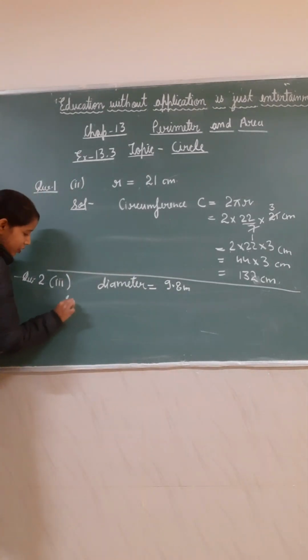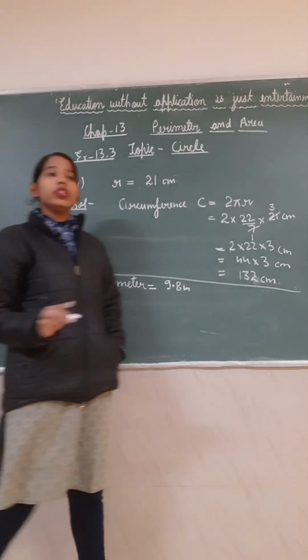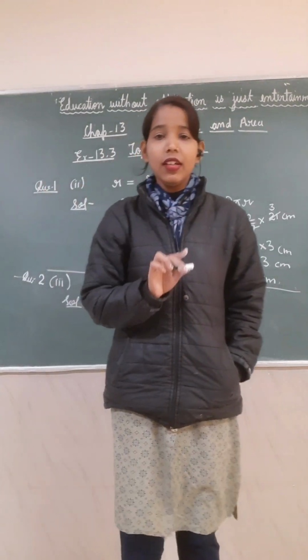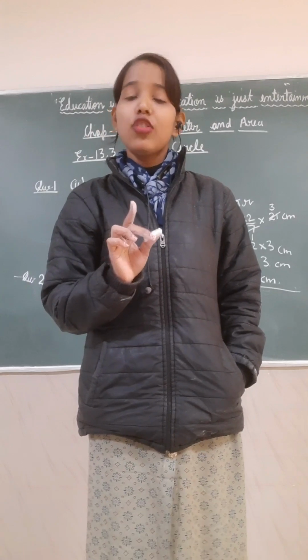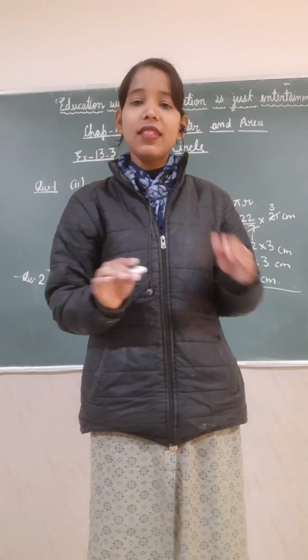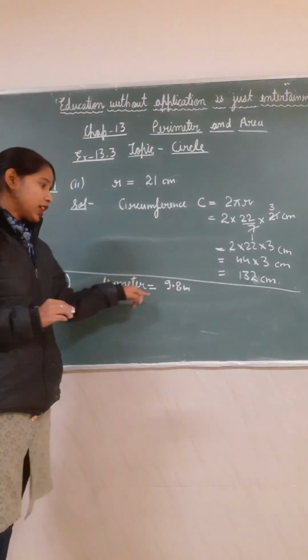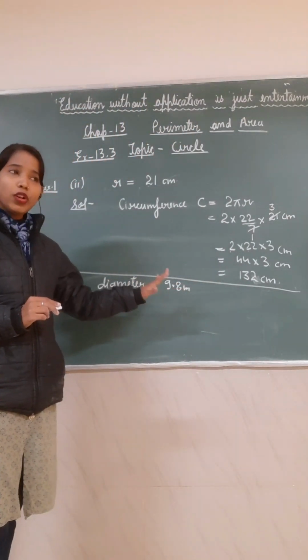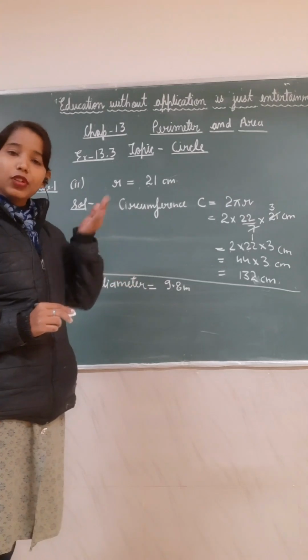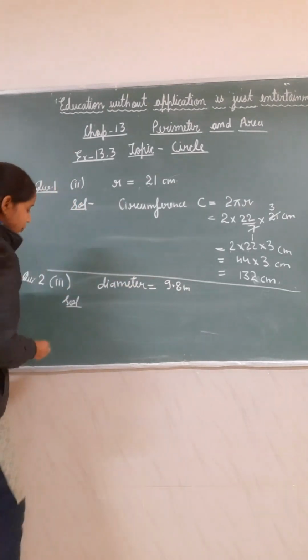Solution. So you all know that from the diameter, how to find radius. So radius is equal to d by 2, means the half of the diameter is radius, right? So from here you can find out the radius. Half of 9.8 will be the radius of the circle.